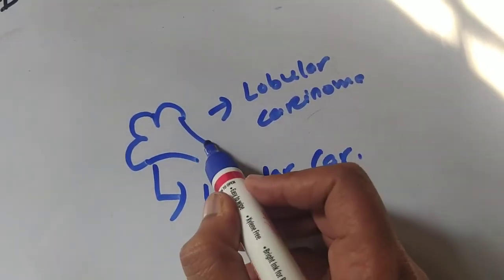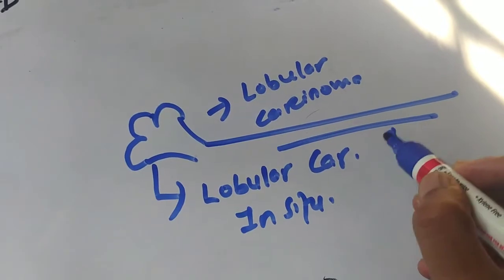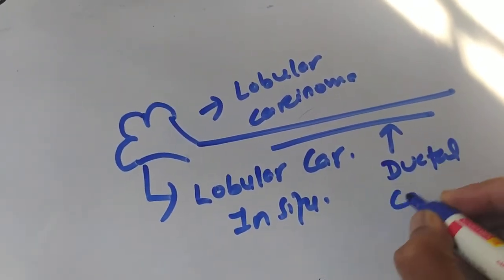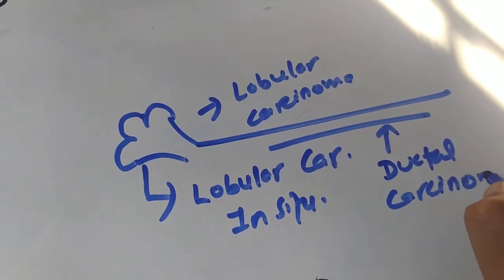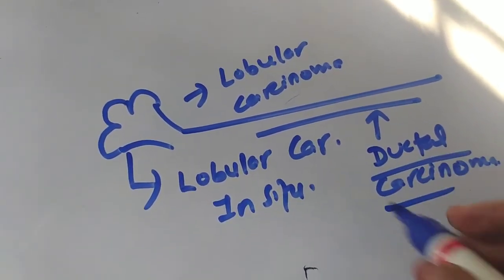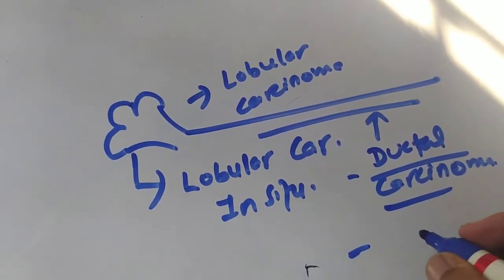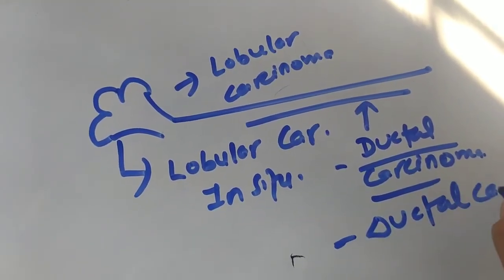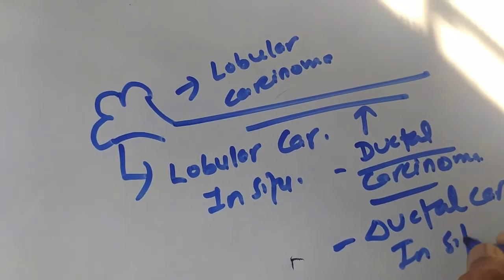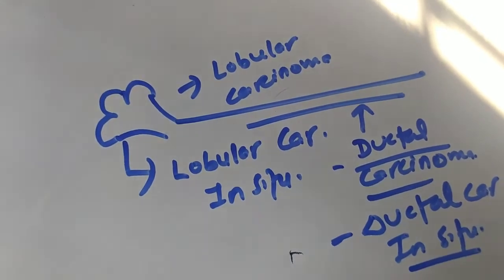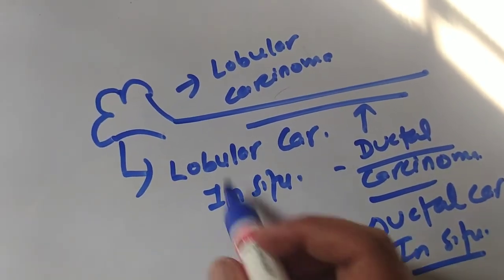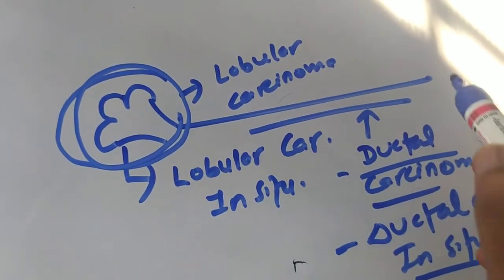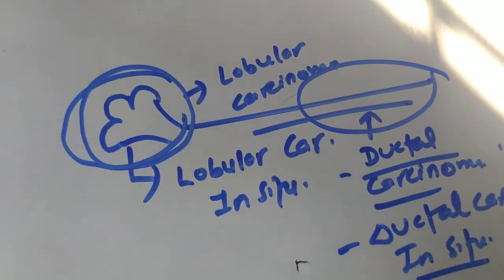And if the problem is in the lactiferous duct, it is known as ductal carcinoma. If the cancer occurs in the duct, it is ductal carcinoma, and if there is a dysplastic change in the cells of the duct, it is known as ductal carcinoma in situ. So lobular carcinoma means cancer arising in the lobules, and ductal carcinoma means cancer arising in the ducts.